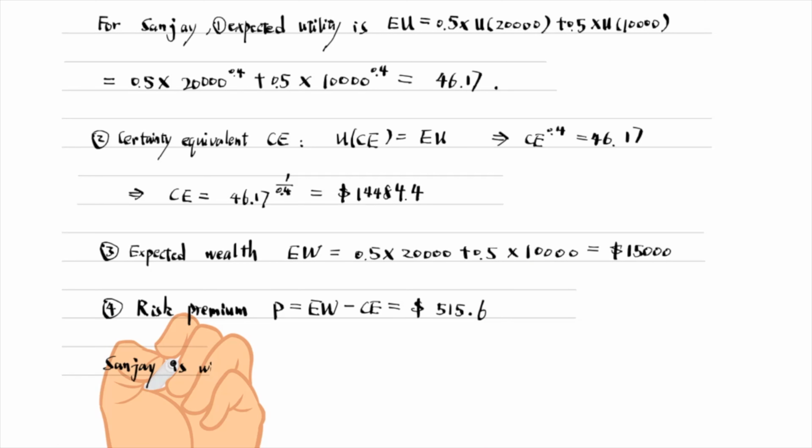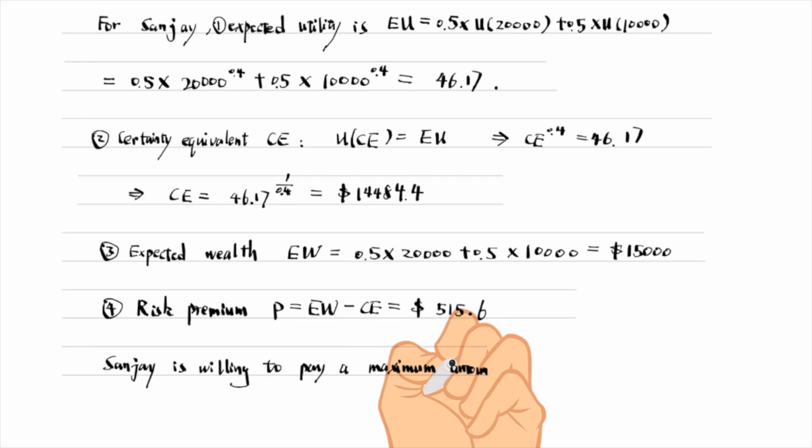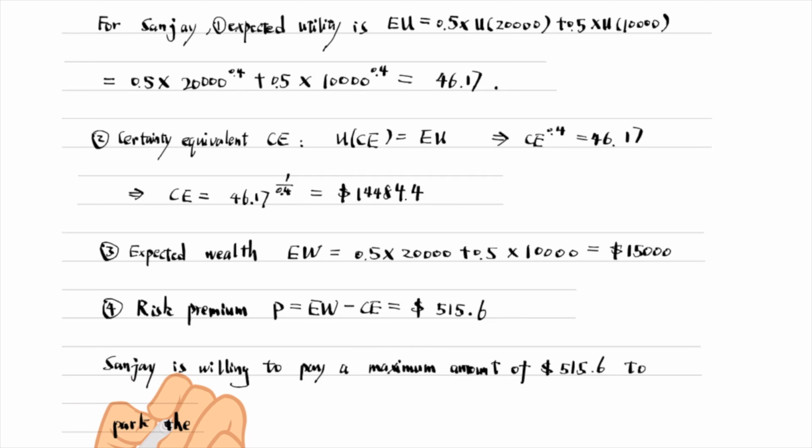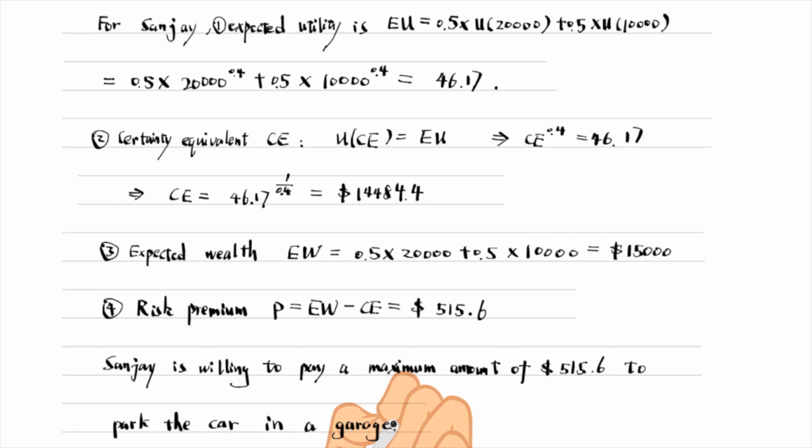Sanjay is willing to pay a maximum amount of $515.6 to park the car in a garage. Sanjay would like to pay more than Carolyn to avoid the risk, although they have the same utility function, because the car accounts for a relatively large proportion of Sanjay's total wealth.